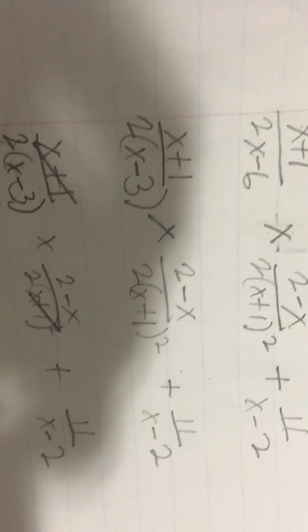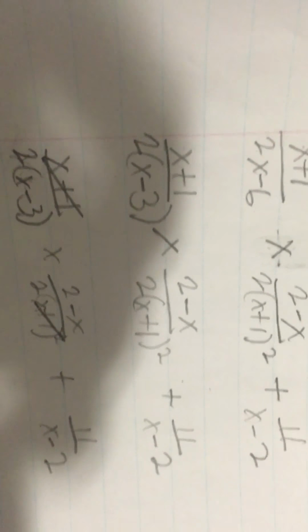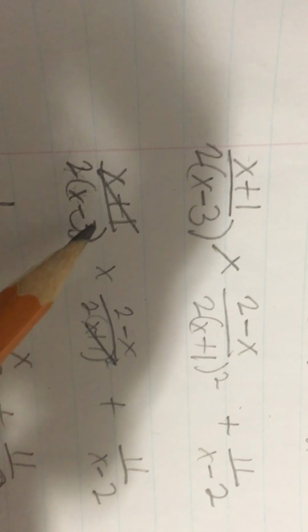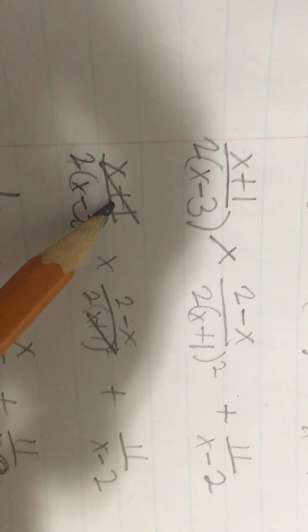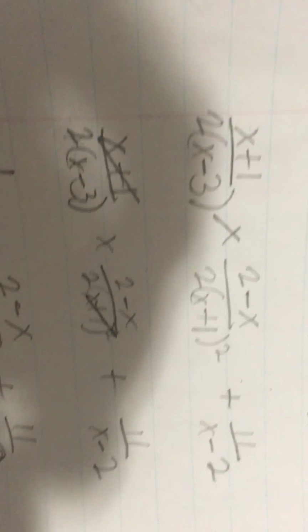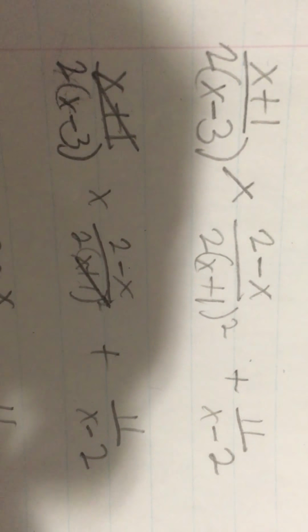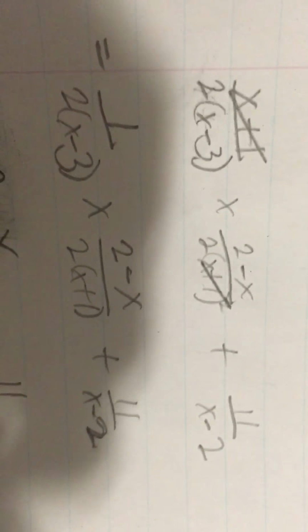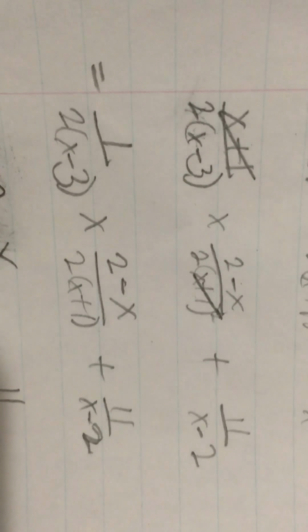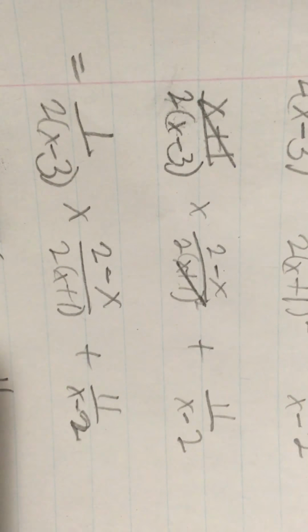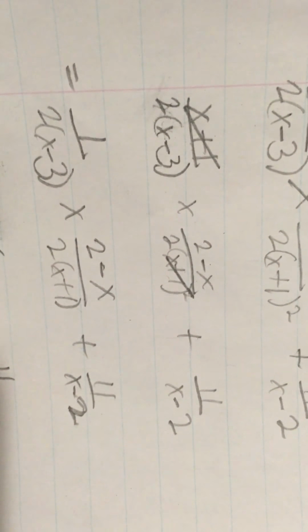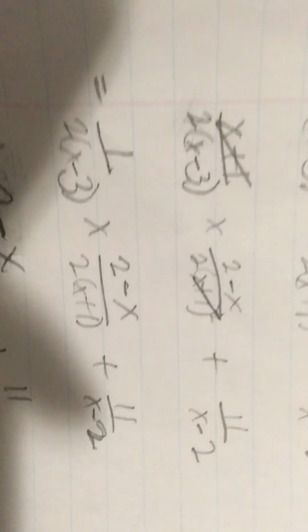Then we can cancel parts of the equation, which is x + 1 from the numerator of the first one. Since we cancel those, our new equation turns into 1/(2(x - 3)) times (2 - x)/(2x + 1) plus 11/(x - 2).